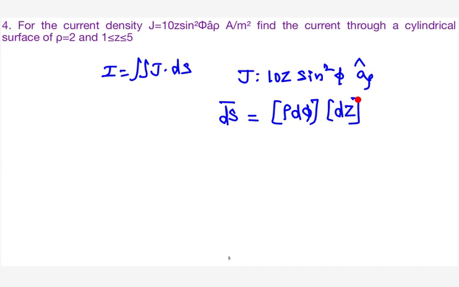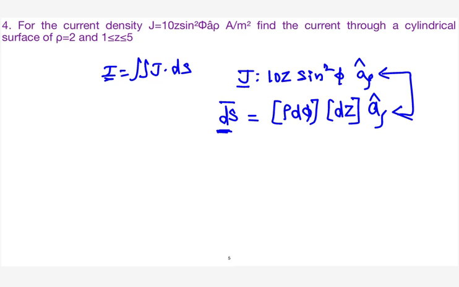And what is the direction of this surface? Reply here. Arho, yes, good, correct. That's it. If current density and the surface area are both in the same direction, then only will we have a finite current. That actually makes sense, right?